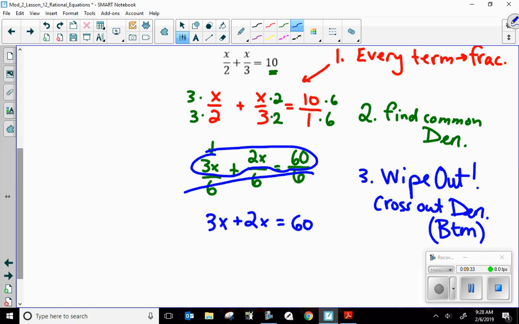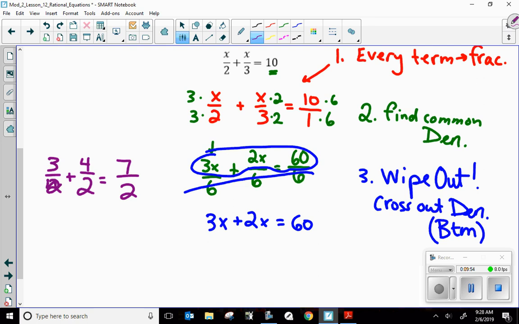How does that work? What I'm about to write in purple, you don't have to write. If I have 3 over 2 plus, I don't know, 4 over 2, don't I add the tops? That's 7 over 2.